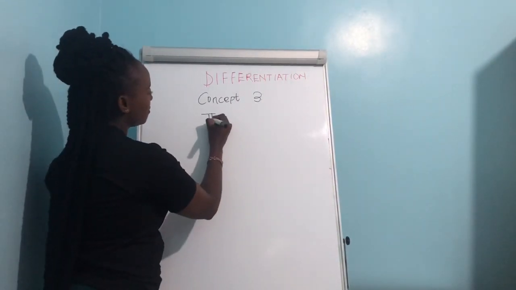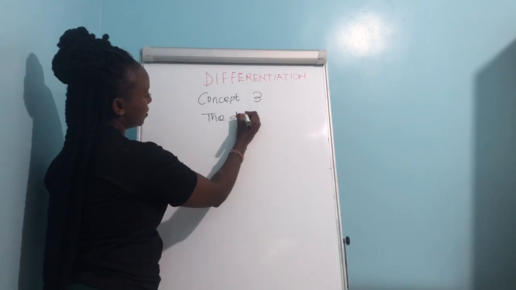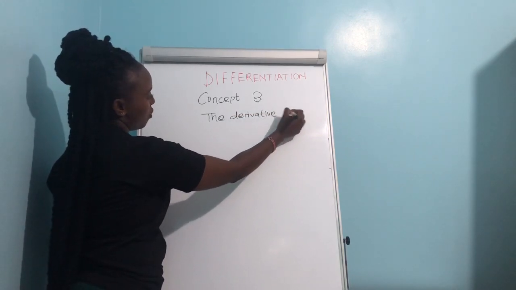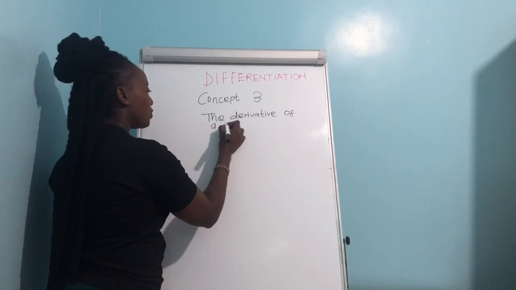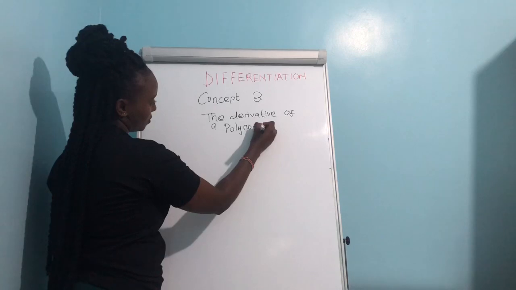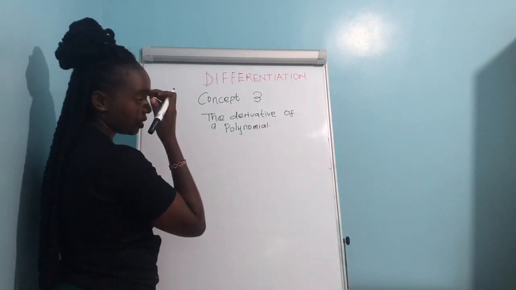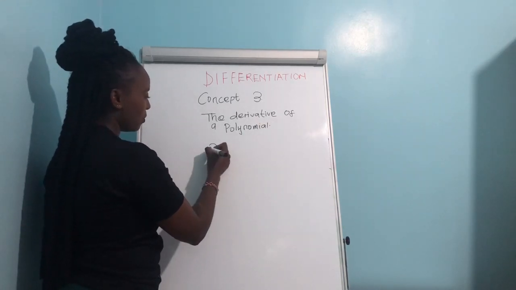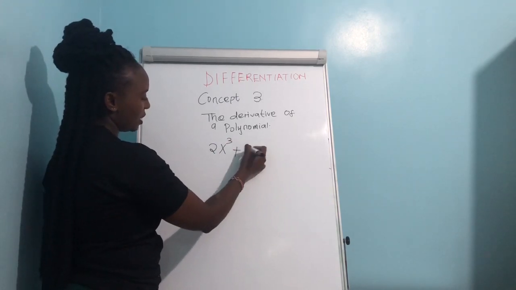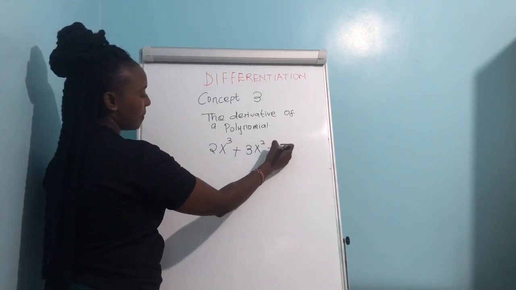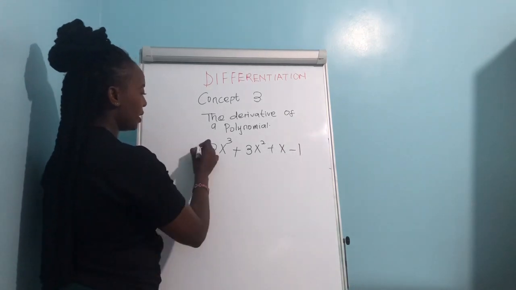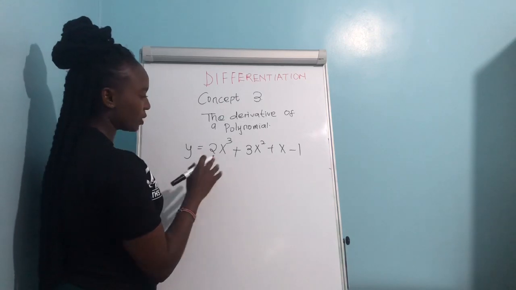The derivative of a polynomial. This can be in the form of maybe 2x^3 + 3x^2 + x - 1. Y is equal to this.